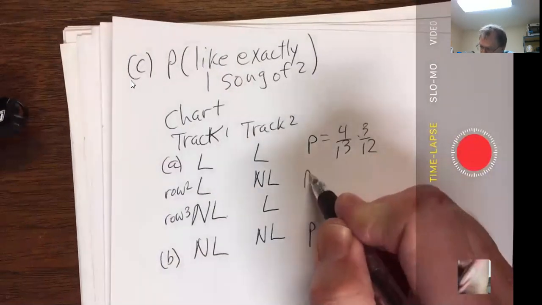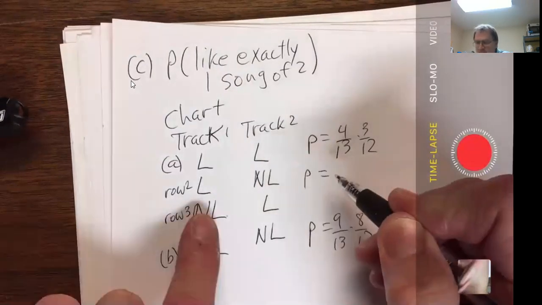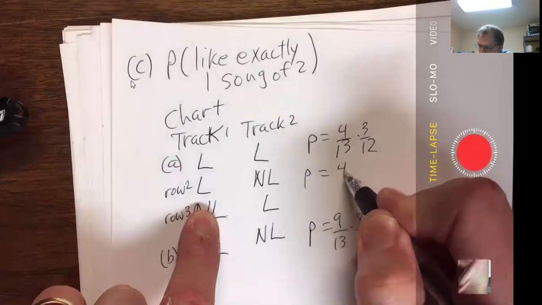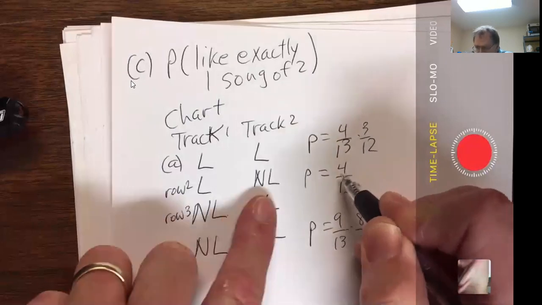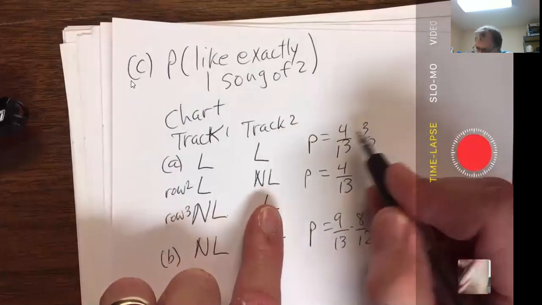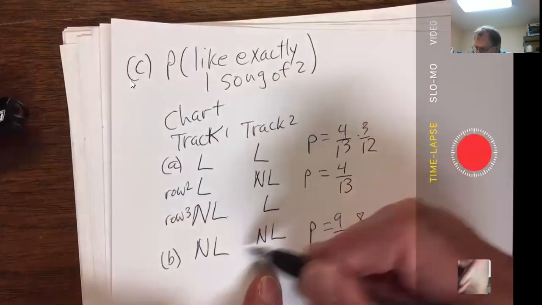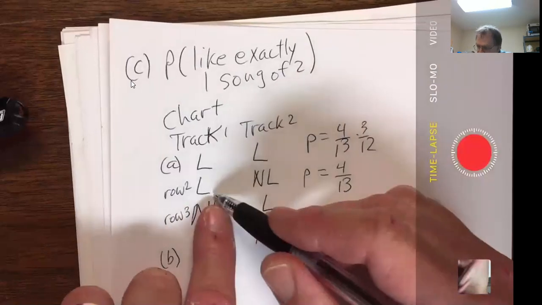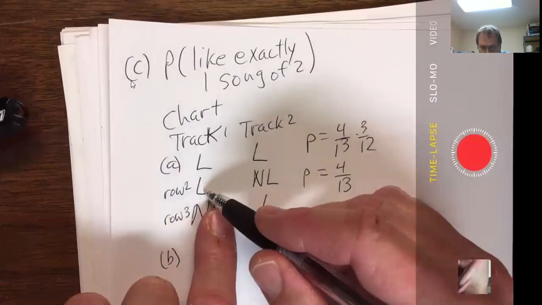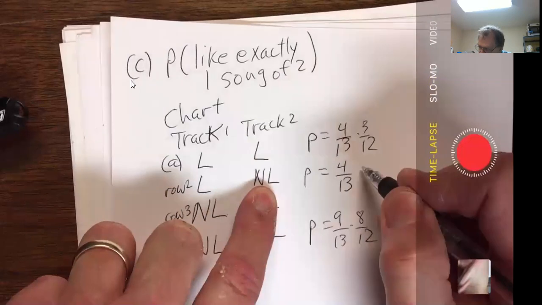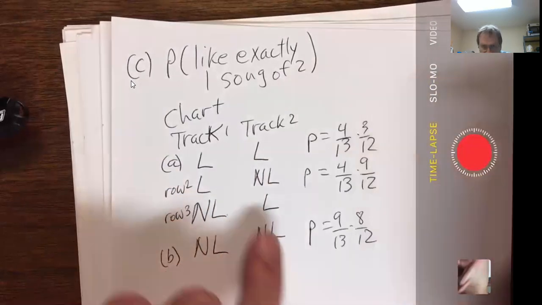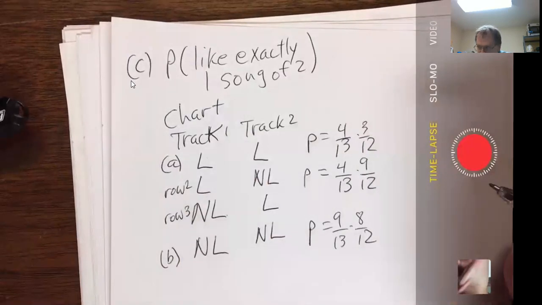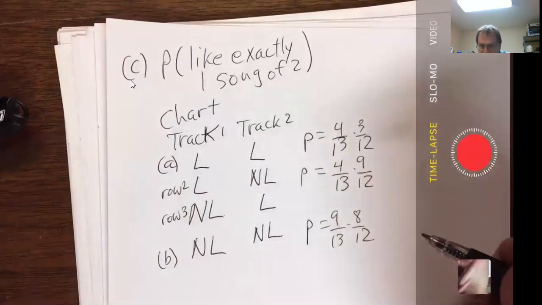So row 2 is going to be, if you like the first song, that you like 4 of them out of 13. Now we're not going to reduce it because your condition changed. The reason it reduces is because your condition stayed the same. But you see here, you liked 4 out of 13, which means you didn't like 9, but there's 12 songs left. You played a song, can't be repeated.